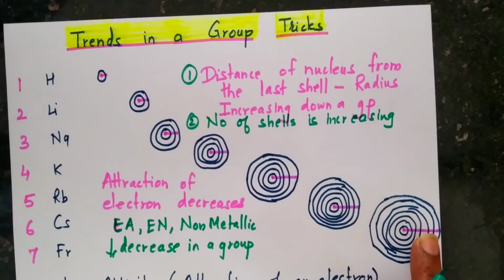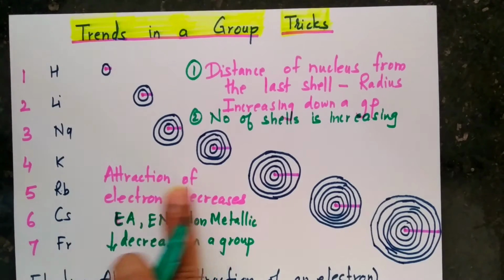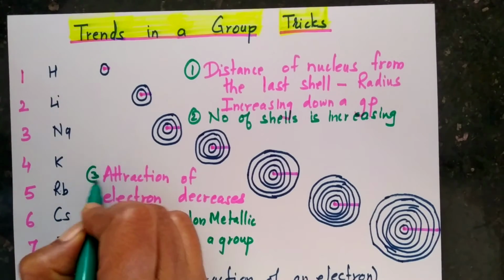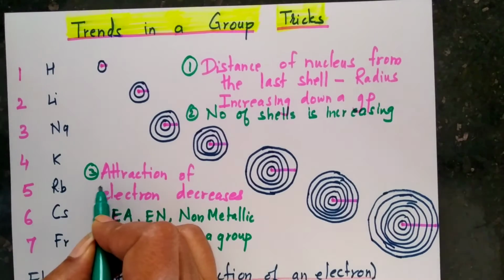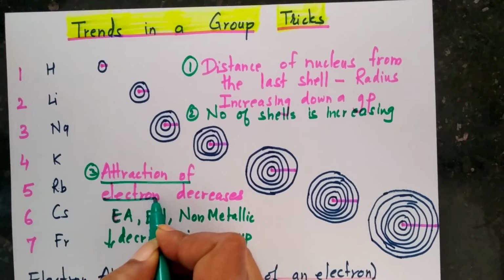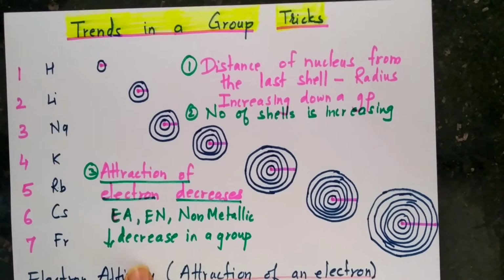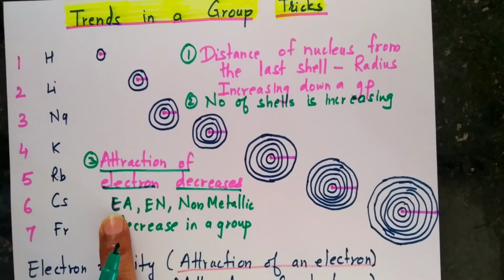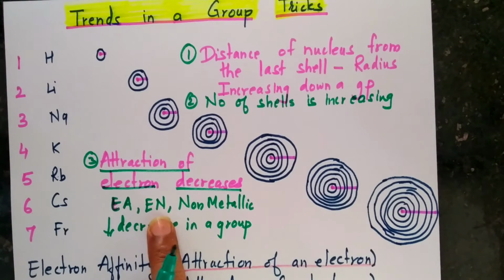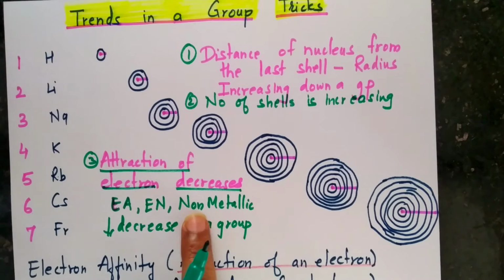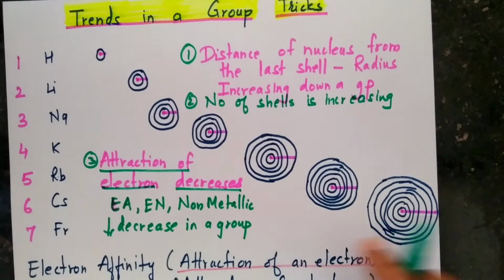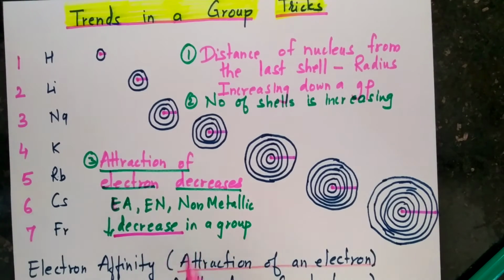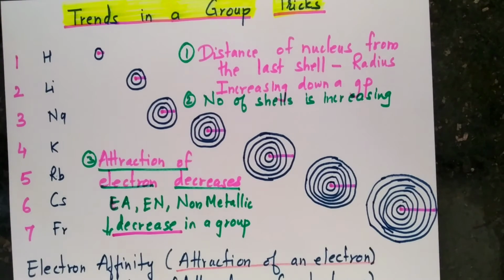When this distance is increasing, the attraction of electrons is decreasing. These three terms, electron affinity, electronegativity, and non-metallic character, are related to attraction of electron. That is the reason they decrease in a group.